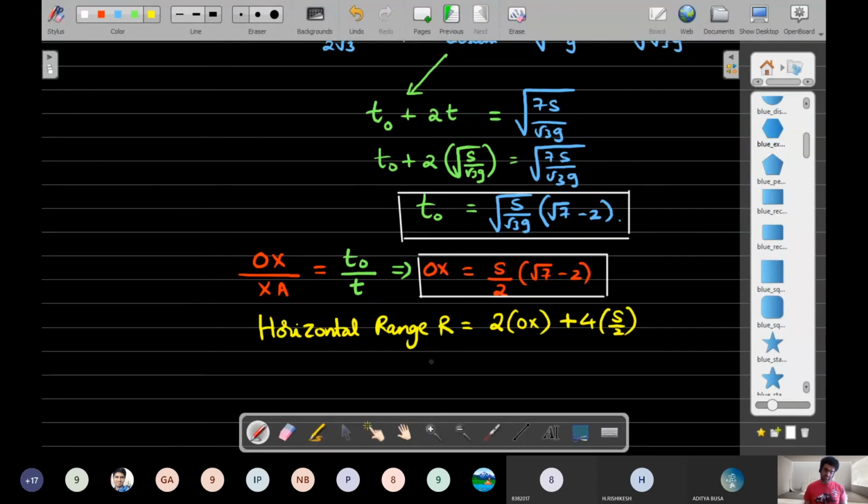Okay. So 2 OXs are S into root 7 minus 2, and then there is a 2S which nicely cancels off and gives you an answer of root 7S. So this is your final answer.